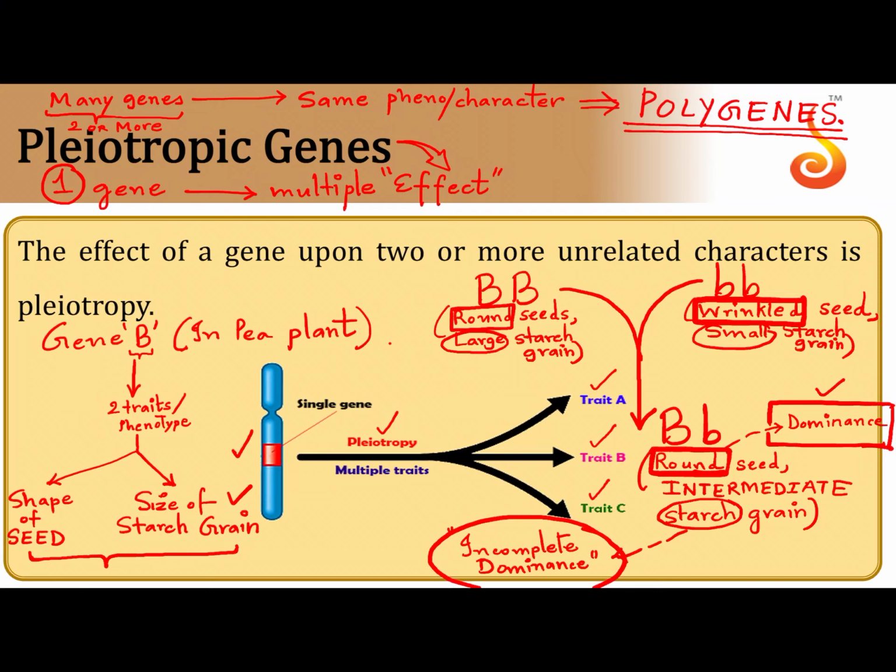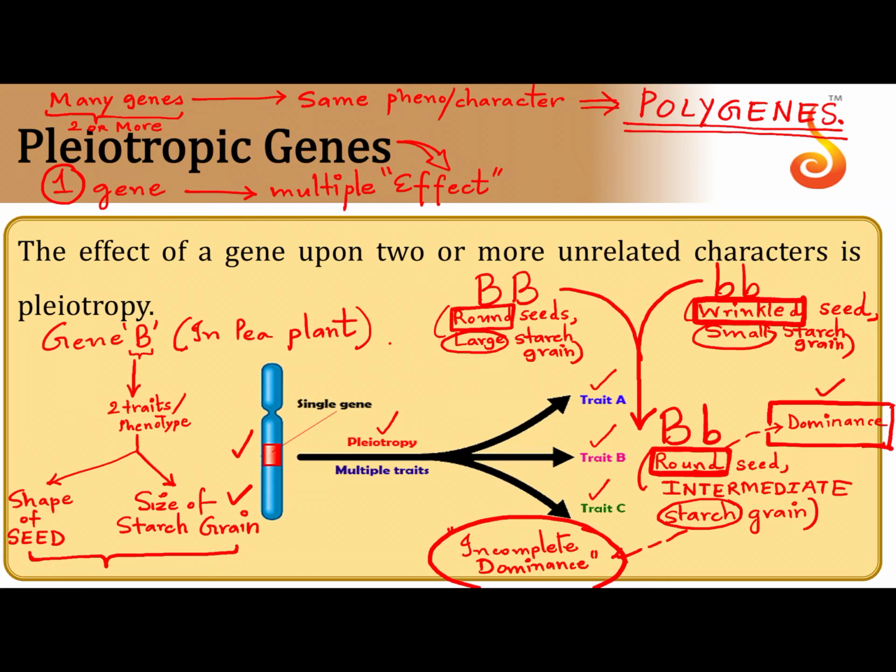So this is the best example for pleiotropy that you should learn. First of all, pleiotropy is a gene having multiple effects. Here we took a gene which not only controls the shape but also the size of the starch grain, and we also saw another peculiarity that when you cross two pure breeding parents, in the F1 generation, the F1 hybrid has round shape, meaning in terms of shape, round is dominant over wrinkled.